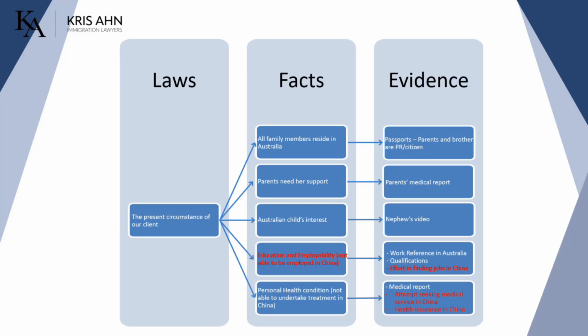We provided supporting evidence such as reference letters and qualifications in Australia, showing that the employment here is true. But our argument is that my client is not able to find a job in China, and we don't have any evidence of her actually looking for a job.